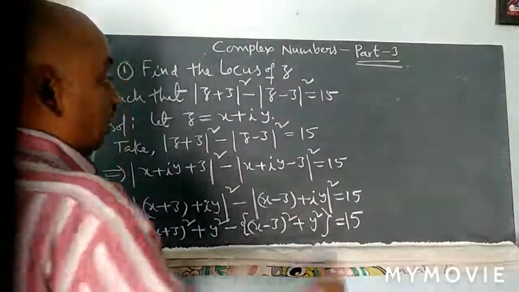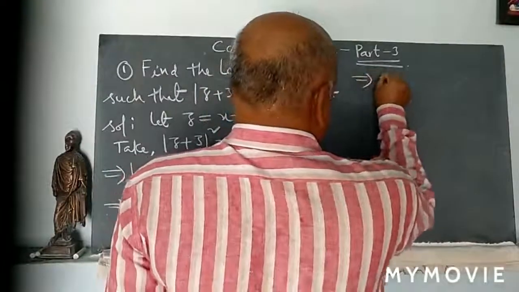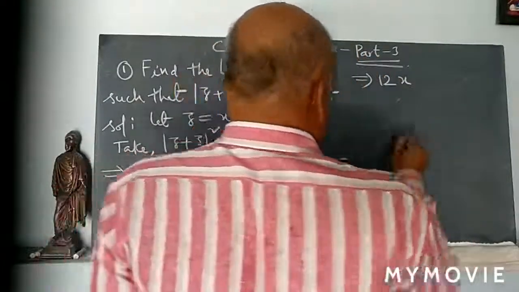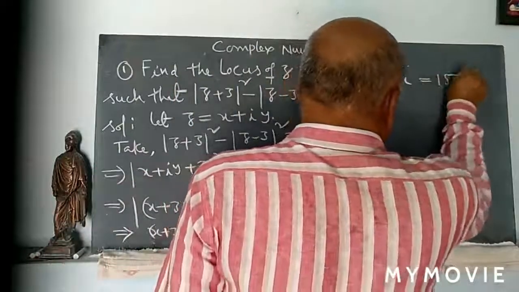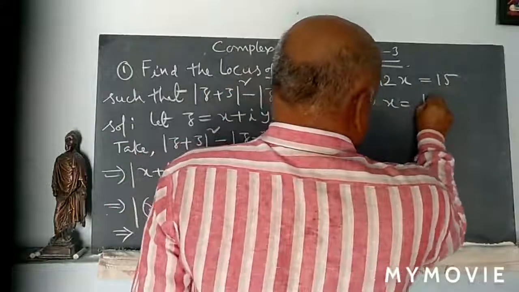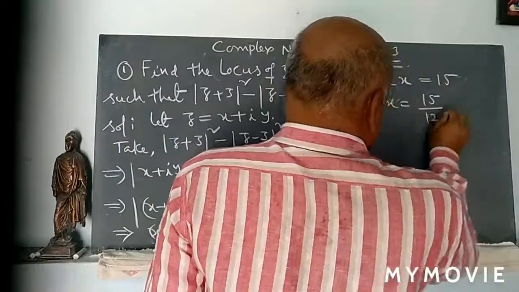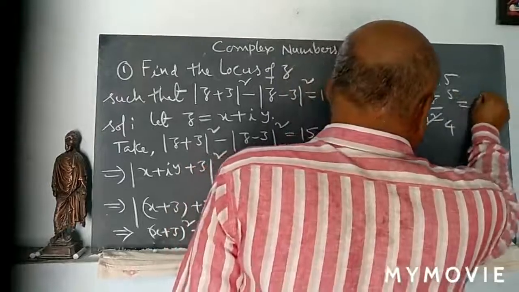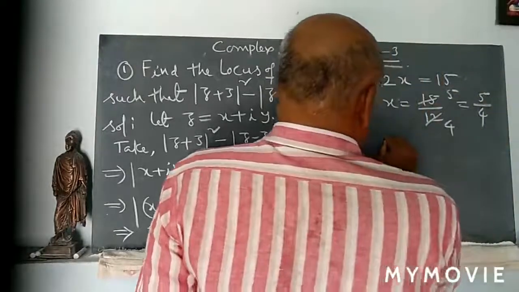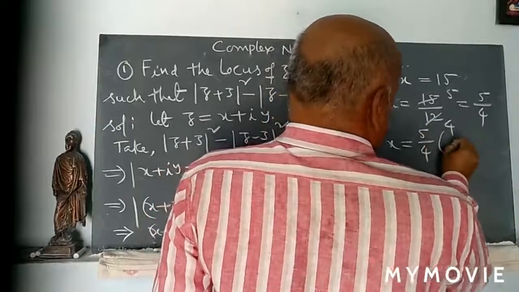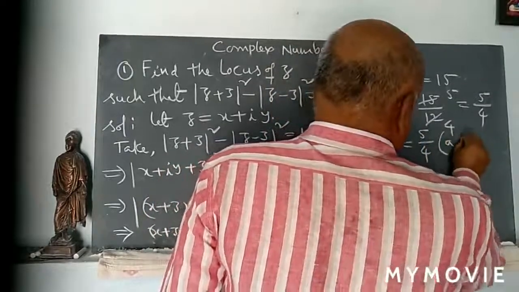So this implies 12x = 15. This implies x = 15/12. So 3 fives are 15, 3 fours are 12, which equals 5/4. So x = 5/4, which is a straight line.